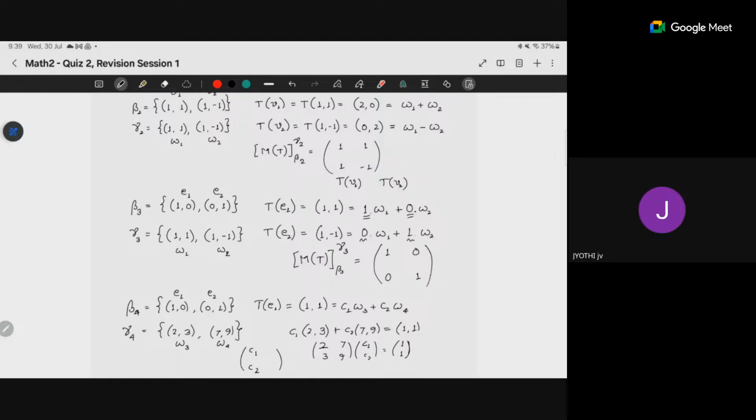For the second column, what do you do? You look at T of E2, which is (1, minus 1). That leads you to solving another system of equations: (1, minus 1) is equal to C3 times (2, 3) plus C4 times (7, 9).